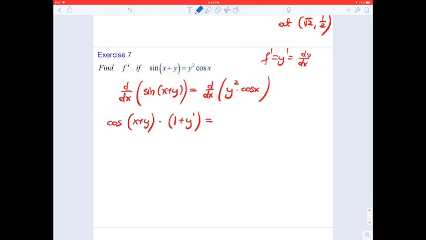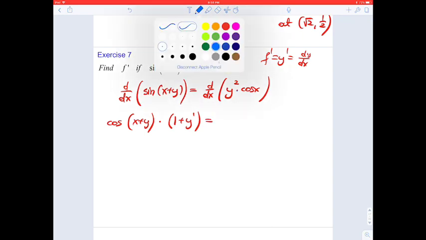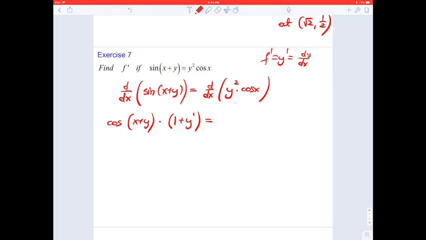Now, the same thing, product, derivative of y squared is 2y, y prime, times cosine of x, plus y squared, derivative of cosine, negative sine of x. And unfortunately, I don't have a point. I have to solve for y prime.